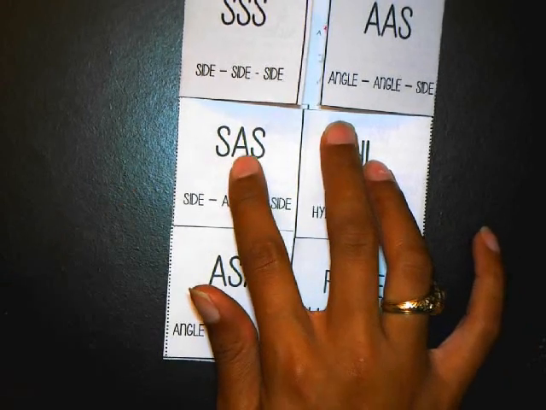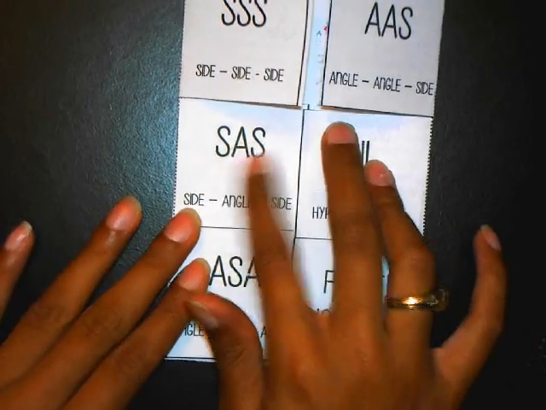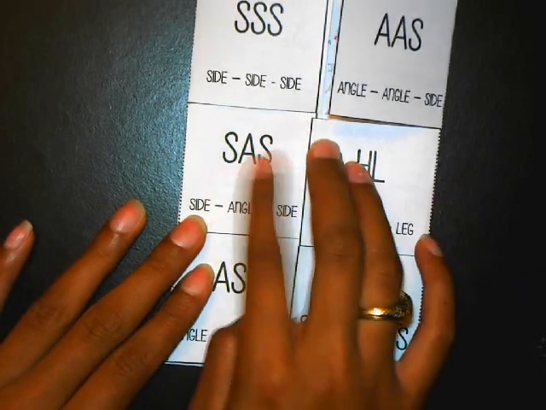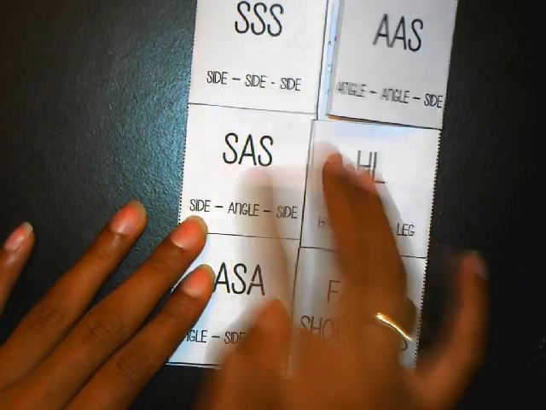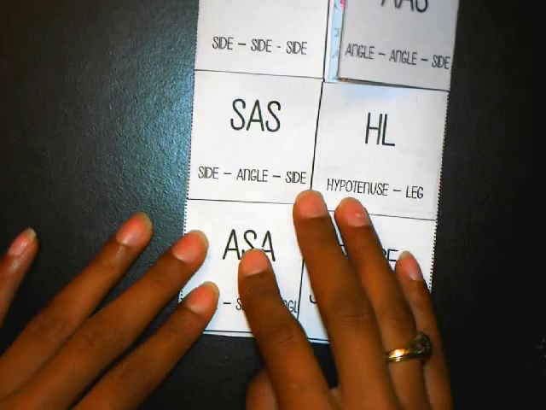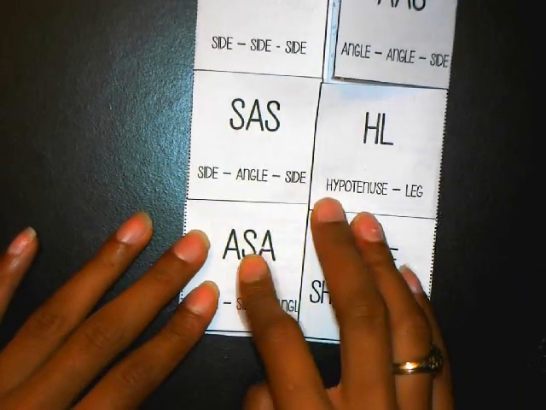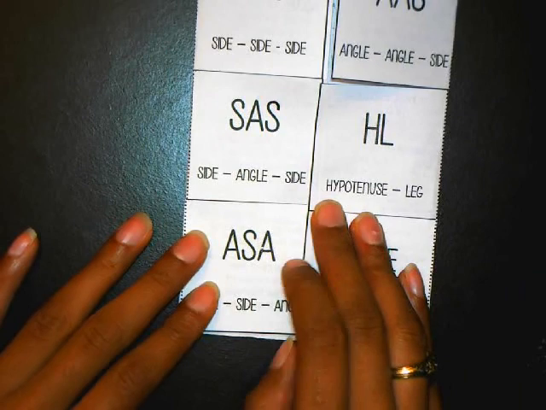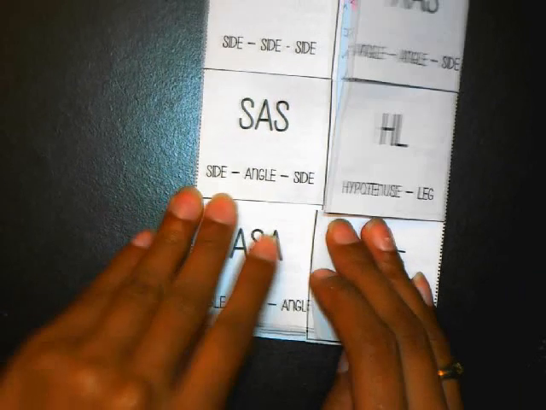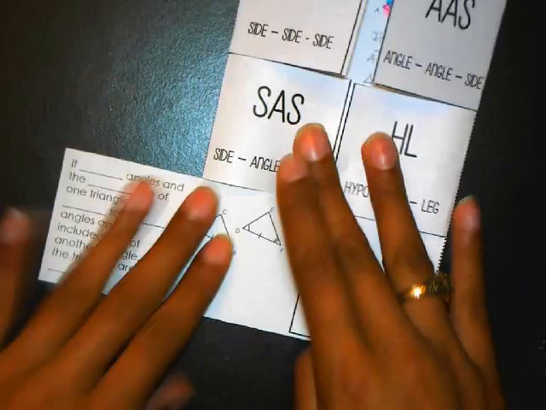Alright, so let's look at the pictures. Notice that the side is connecting the two pictures. So I'm going to highlight the sides first. And since it's in between the two angles, it is being included.